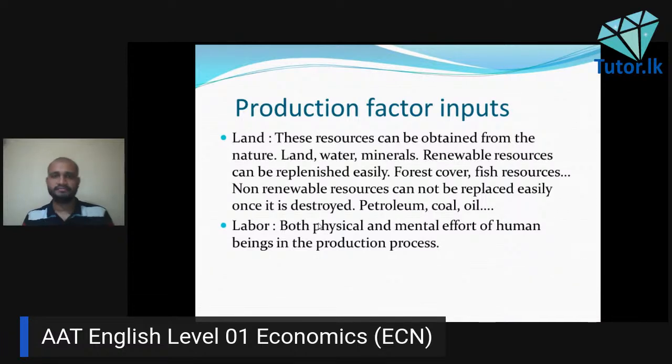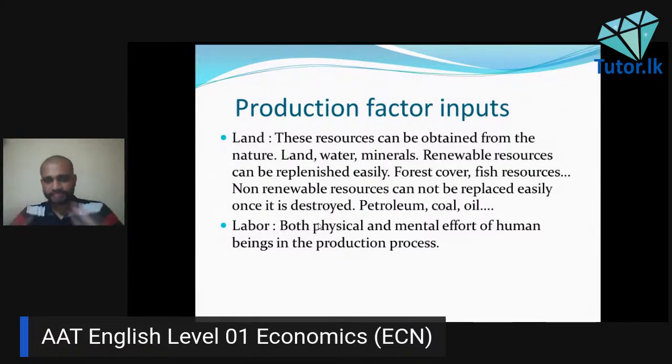On the other hand, non-renewable resources you can't replace easily. As an example, minerals and oil can be regarded as examples of non-renewable resources. Those cannot be replaced easily.